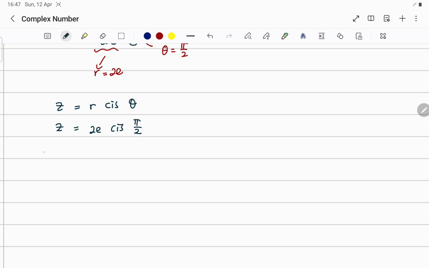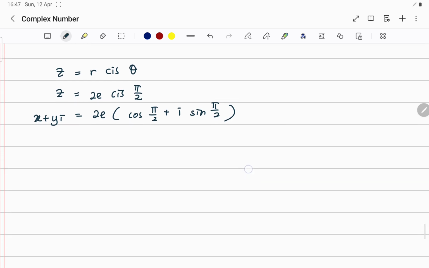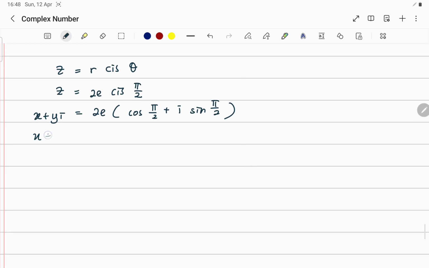Now z you can change to x plus yi. Here 2e you maintain, and cis pi over 2 we change into the trigonometric form, which is cos pi over 2 plus i sin pi over 2. And then you expand them. You will get 2e cos pi over 2 plus 2e sin pi over 2 i.